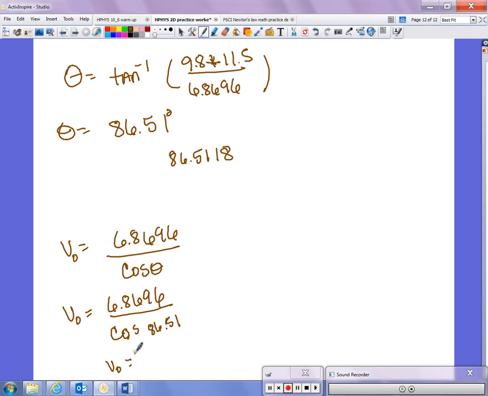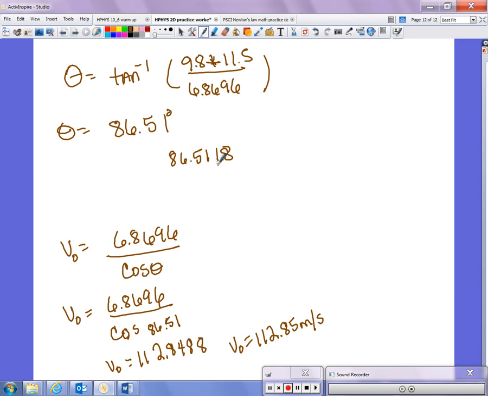Let's stick that into our calculator, 6.8696 divided by the cosine of 86.51. All right, so we get V naught of 112.8488. So V naught is 112.85 meters per second.